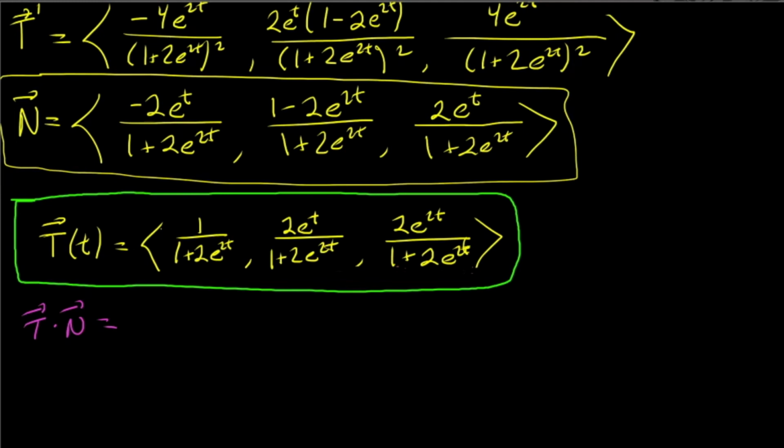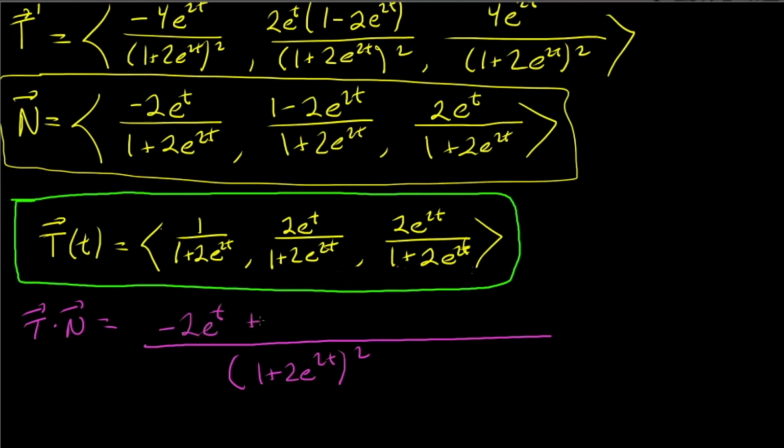At this point, taking the dot product should be pretty easy, right? Everything's going to be the denominator times itself, the denominator squared. In the numerator, you just get negative 2 e to the t plus 1 minus 2 e to the 2t plus, oh, sorry.